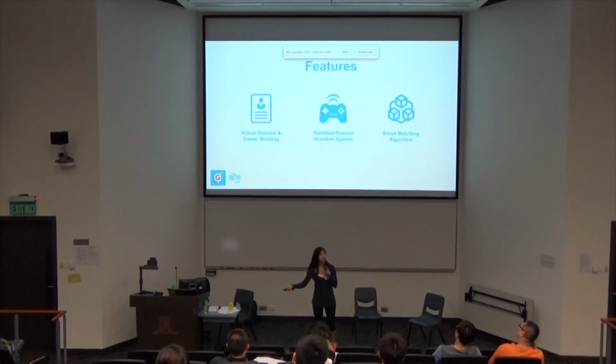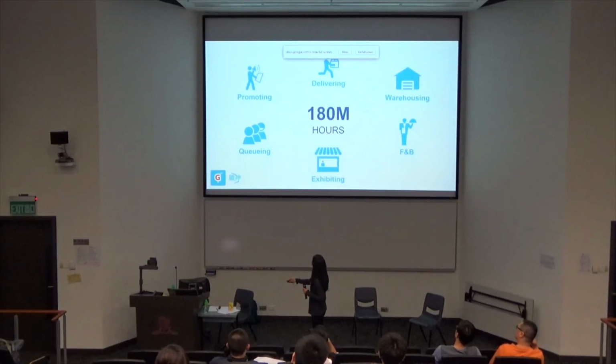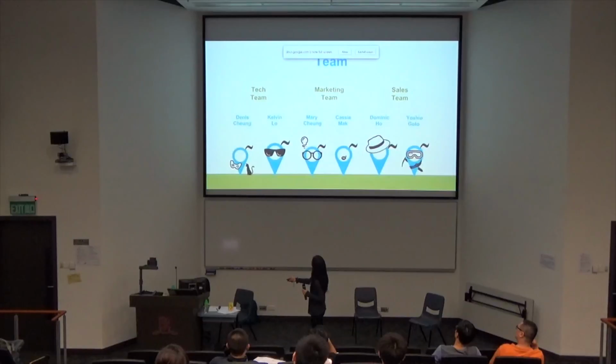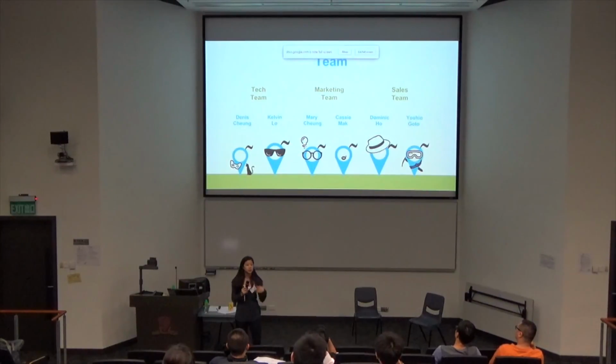I'll skip the product part because I think you might want to know more about entrepreneurship rather than the product, right? But how do you really build a product? It's about building the right team as well. In our team, me and Cassie are really good communicators, and we talk to a lot of people, on the employer side and employee side, to understand their needs.